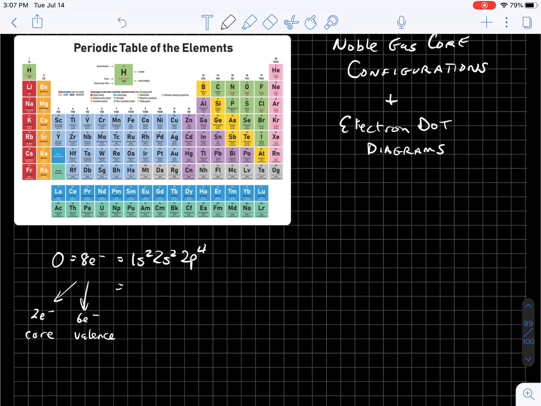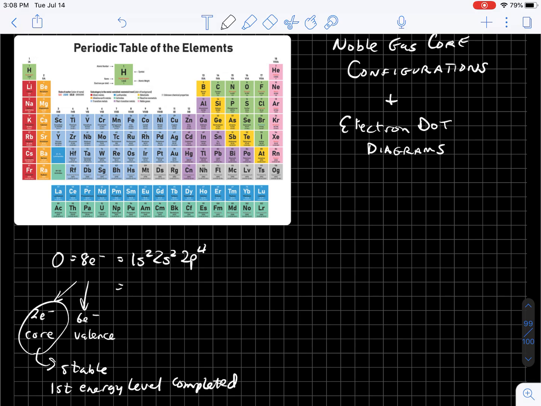So when you complete an energy level, these electrons become stable. Notice in the oxygen there were 2 core electrons and 6 valence electrons. That's the same number of electrons as if you had a completed first energy level. You filled all the space in the first energy level.